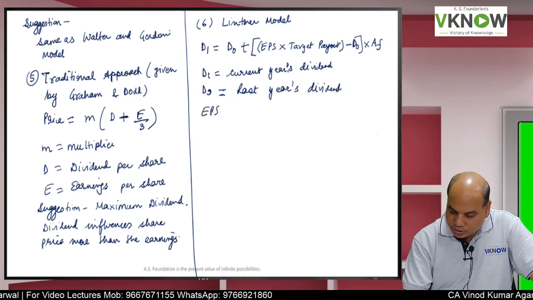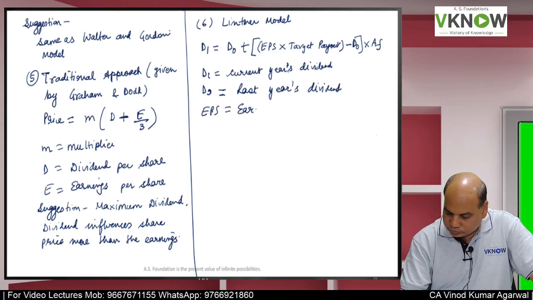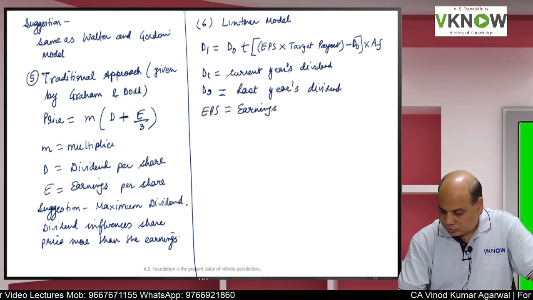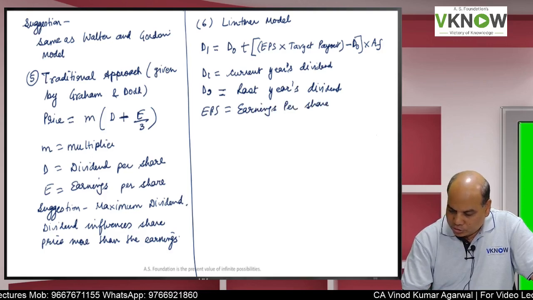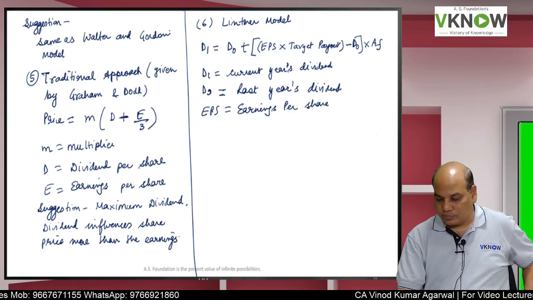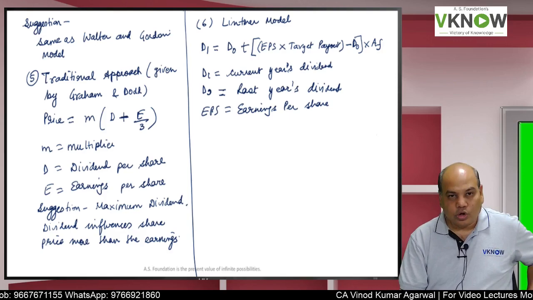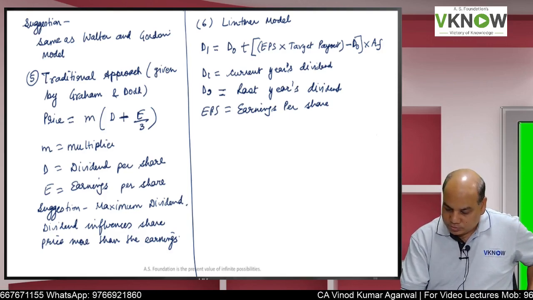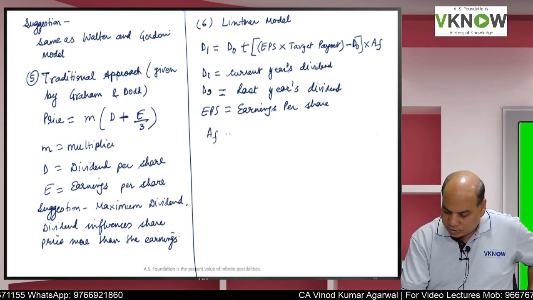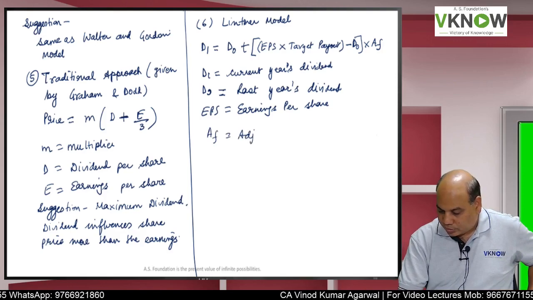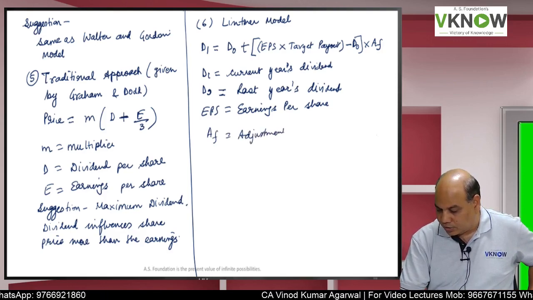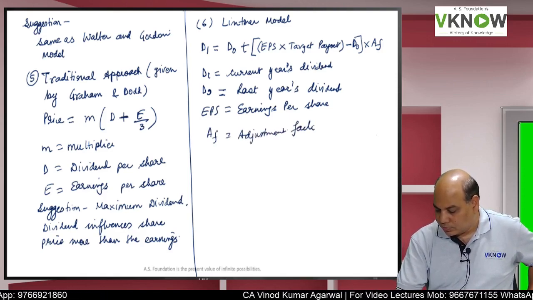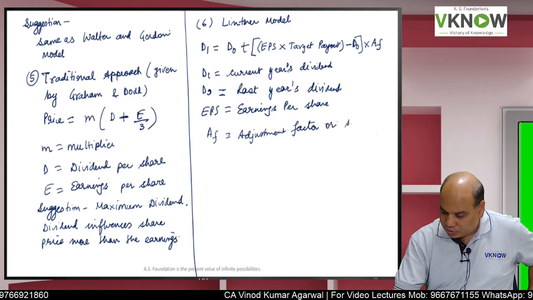EPS is earning per share. Target payout ratio means dividend payout ratio. Target payout is long-term dividend payout ratio. And AF means adjustment factor or speed of adjustment.